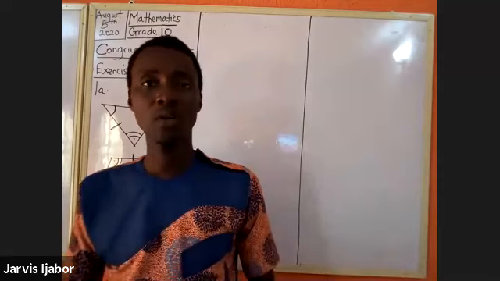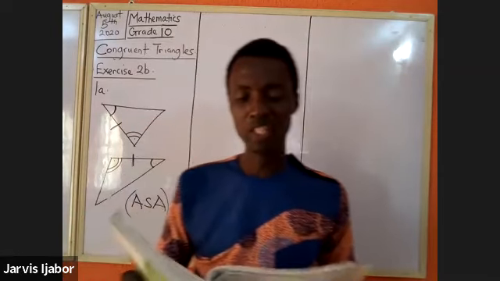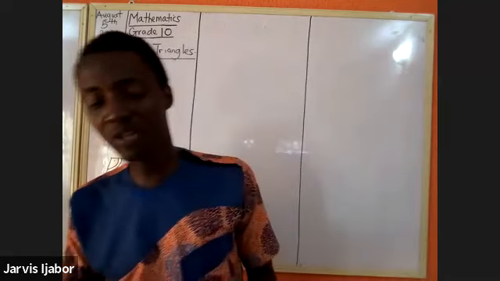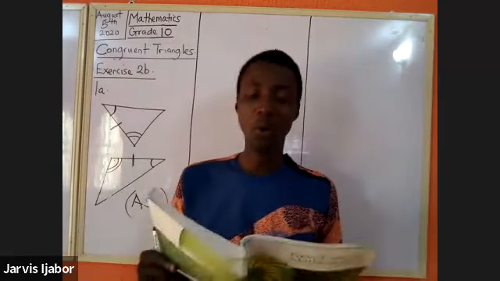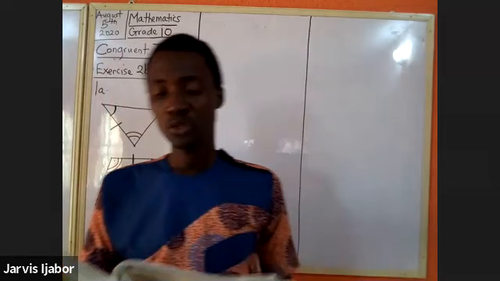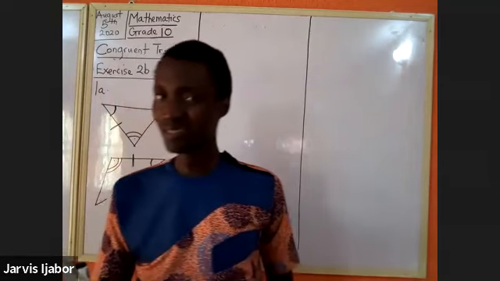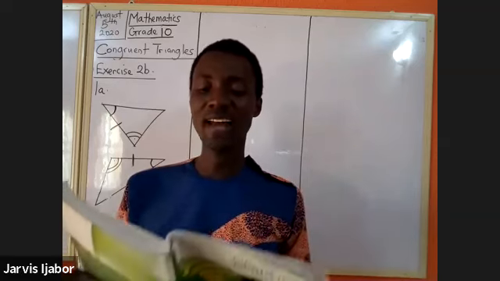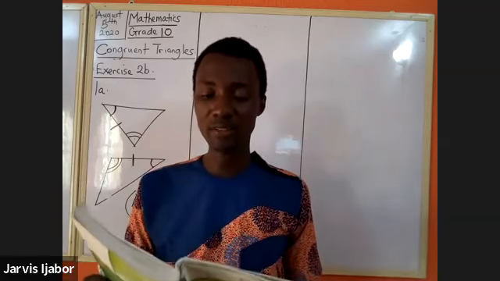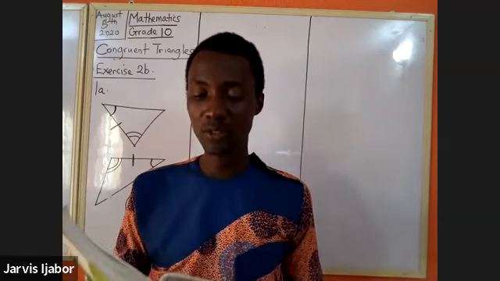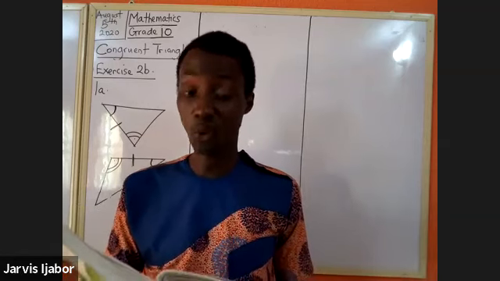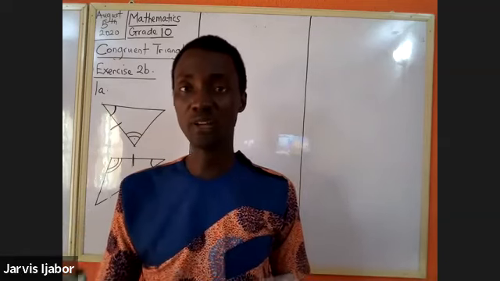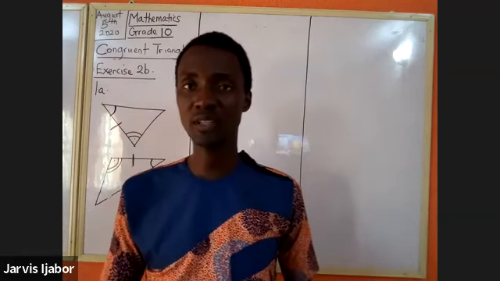The question reads, in each part of figure 2.18, pairs of triangles have equal sides or angles shown with marks. In each case, state whether the triangles are congruent, not congruent, or not necessarily congruent. If congruent, state the condition of congruency. You can please mute your device. It's disturbing.